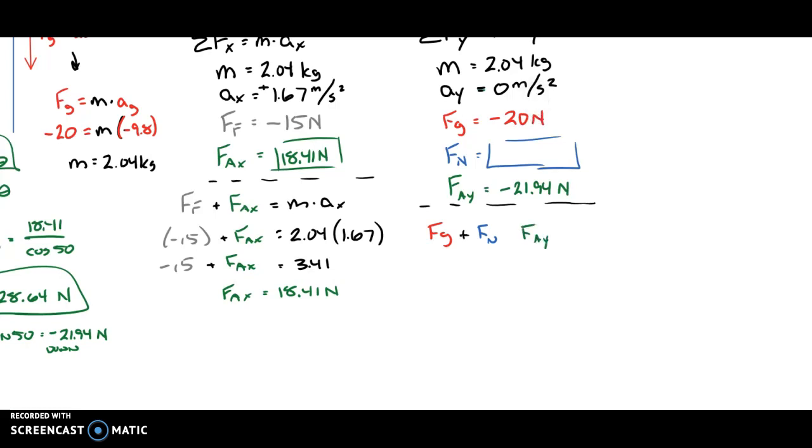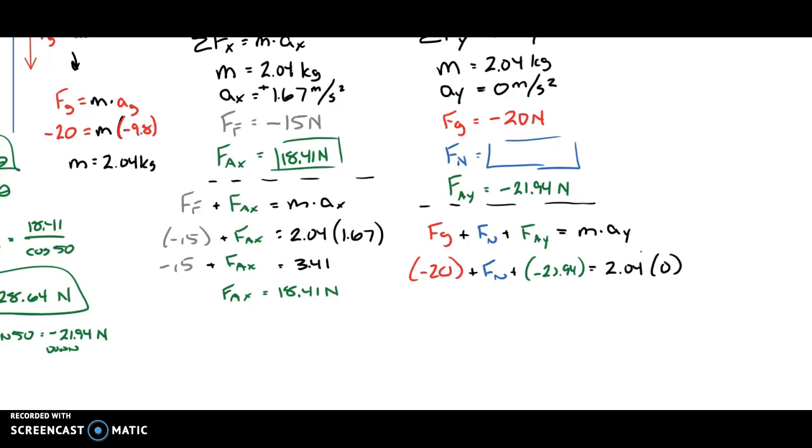All three of those forces add up, the sum of those forces, to the mass times the acceleration in the y. Fg is negative 20. Don't know Fn. FA in the y is negative 21.94. We add all three up, and they equal 2.04.